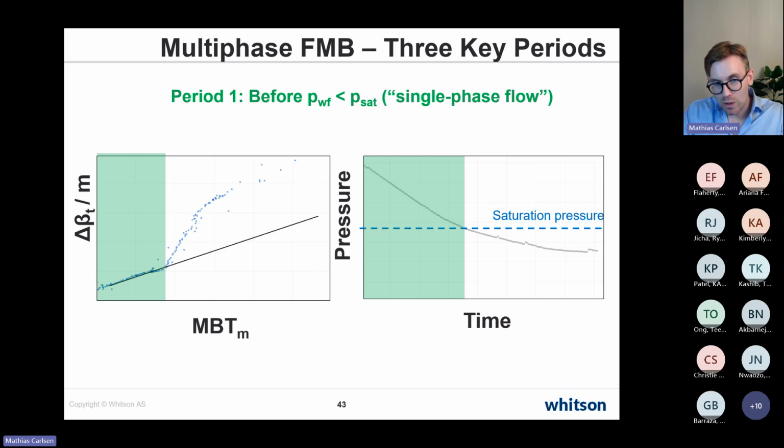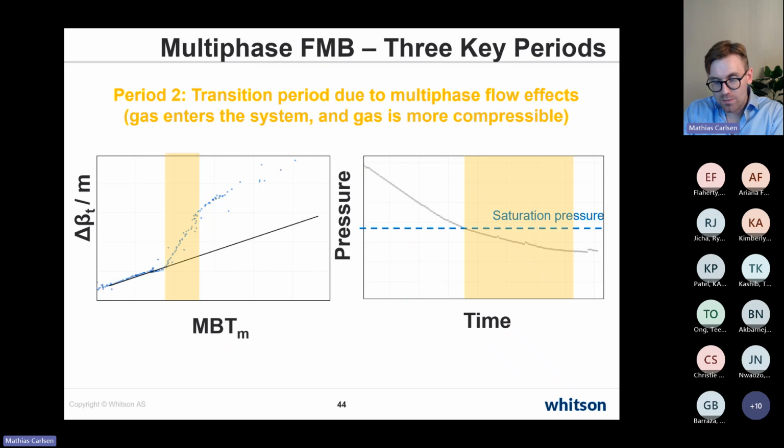So what happens is when gas is coming out into the system, the total compressibility of the system goes up. So the signal to be able to see that boundary will be delayed. So you get this transition period, which never is the correct slope, by the way.